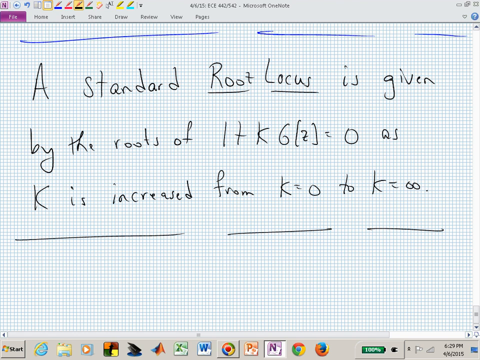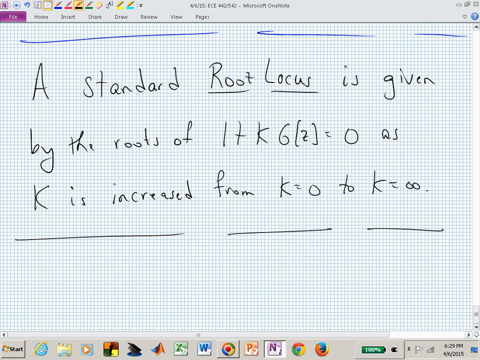And what could you do? You could manually determine this set of values z that satisfy that equation for different values of gain k between 0 and infinity. You could plug in k equal 0.1 and find the values of z that satisfy that. You now have a 10th order equation or 10th order system.